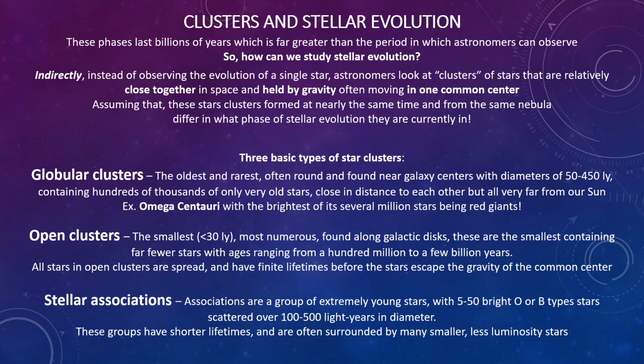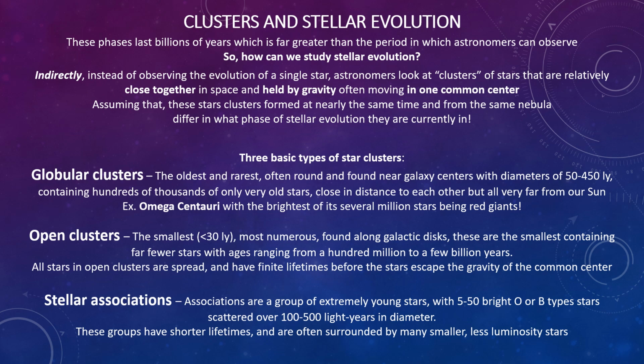Then we have open clusters. These are some of the smallest groups. These can be less than 30 light years. There are a lot of them, and they are found in galactic disks. They also contain far fewer stars. Open clusters can have anywhere from maybe 6 to 30, 40 stars, but nowhere close to a globular cluster, which, as we said, had hundreds of thousands of stars.